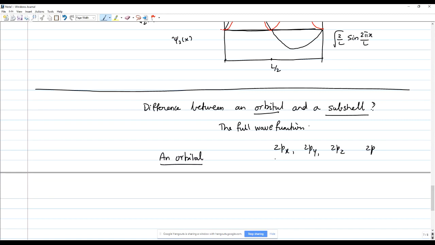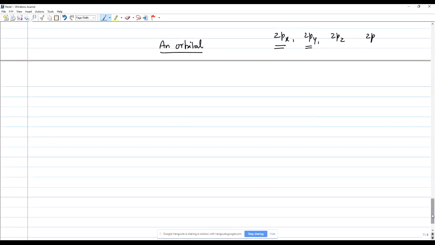Okay? 2px tells you very clearly that the principal quantum number n is 2, the angular momentum or azimuthal quantum number L is 1, and the m is not defined because it's x or y, but m is defined for 2pz. If you want to write 2pz, m is equal to 0. So you have a very clear prescription of all the three quantum numbers.